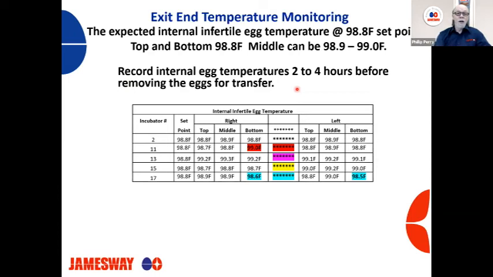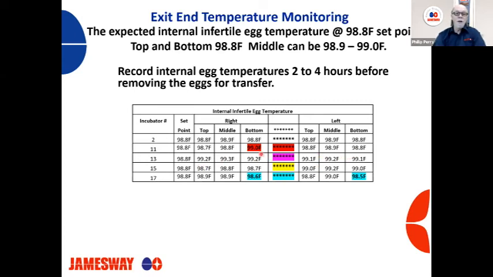So here, we'll just look at incubator 2. We had a set point of 98.8. On the right-hand side we had 98.8, 98.9, 98.8, and then on the left side, this machine was running very balanced from right to left. When we went in and looked at 11, we had a warmer temperature at the bottom, and we'll look at some of the mechanical issues and maintenance concerns we have.